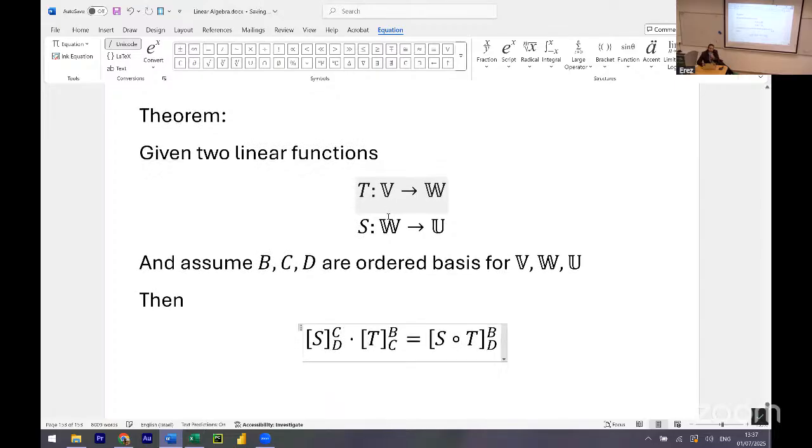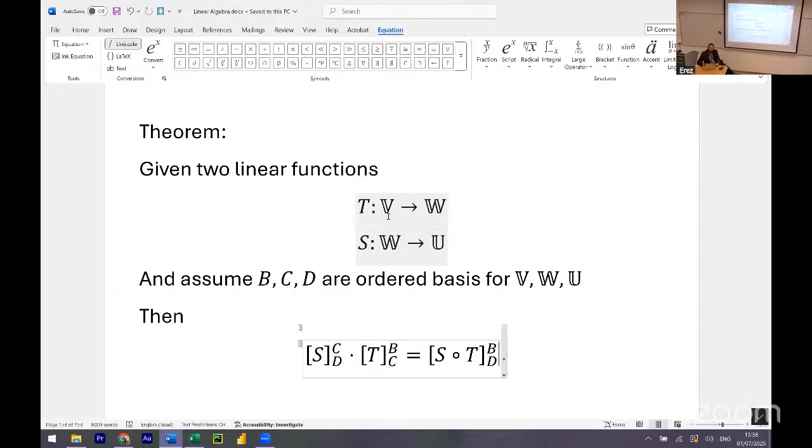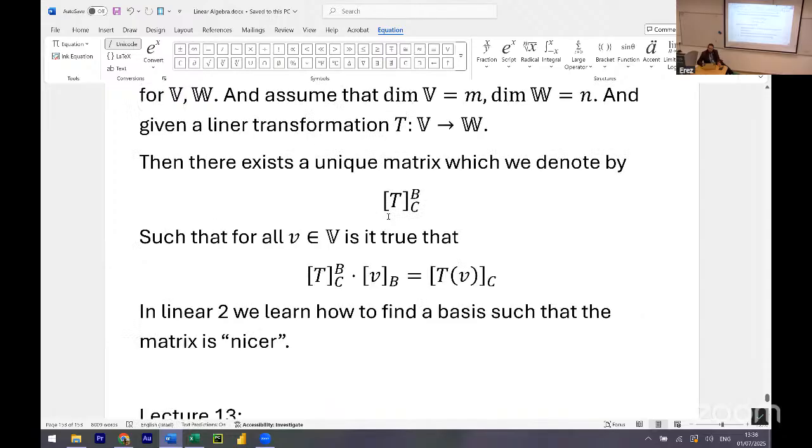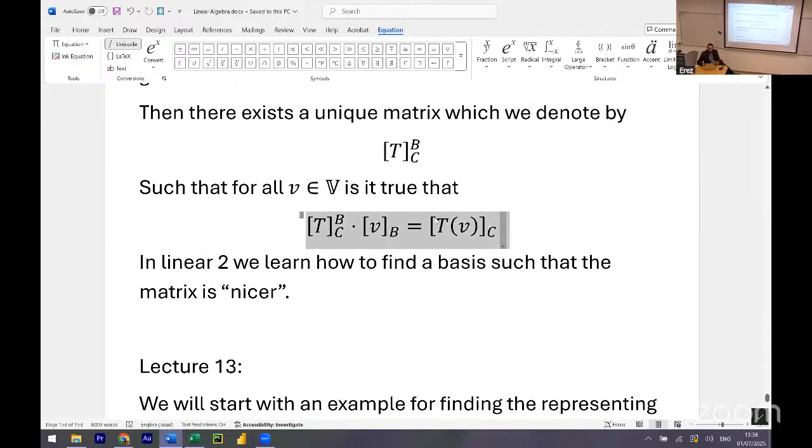The linear function is always applied from the left. Yes. What do you mean? The linear function is a function. It doesn't apply from left or right. When you multiply the matrix, yes, you only multiply from the left. And that's exactly the formula. Where is it? Here. You see, it's from the left.